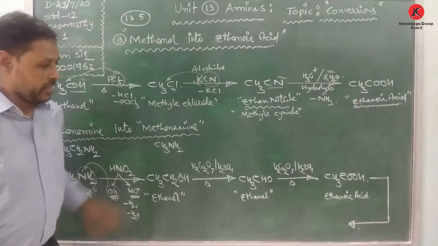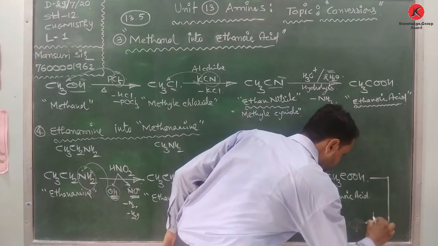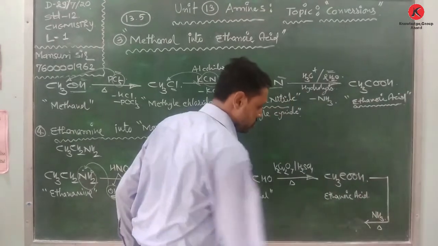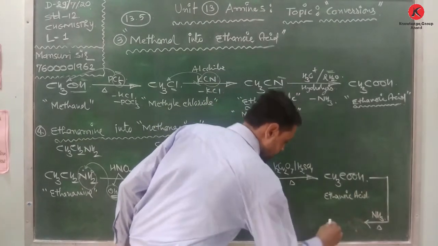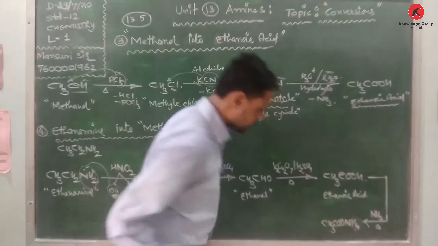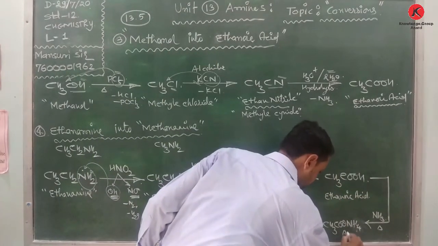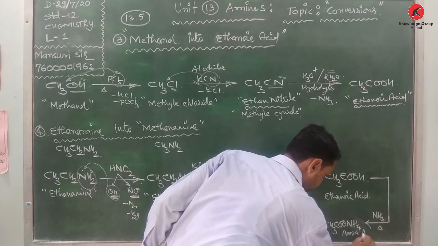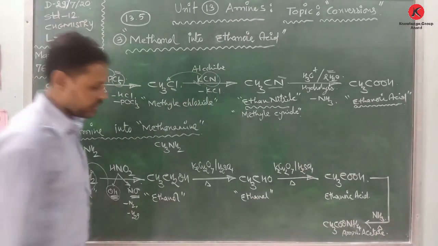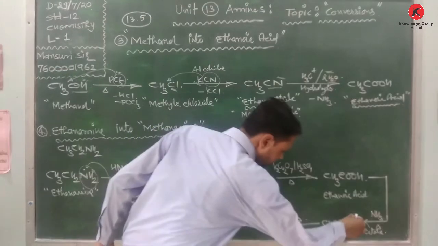Now, after getting ethanoic acid, when 1 mole of ammonia is given to this, the ammonia will go toward it, so ammonium acetate is obtained. This is ammonium, this is acetate. Now ammonium acetate, by heating, loses water.